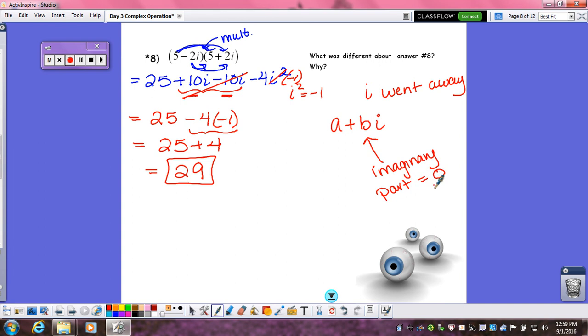If we take a look at 8, your 5 minus 2i and 5 plus 2i, what do you notice? Hopefully you realize that there is a plus and a minus. Those are called complex conjugates.